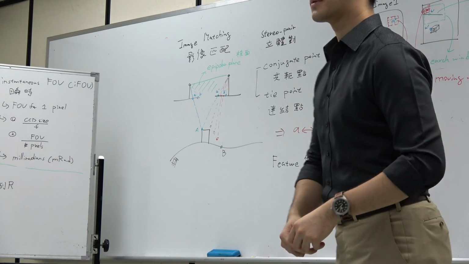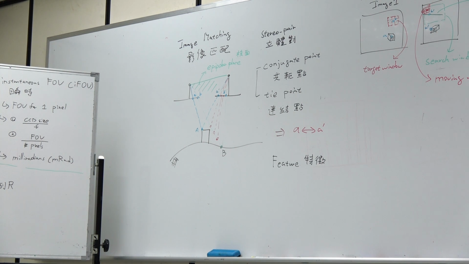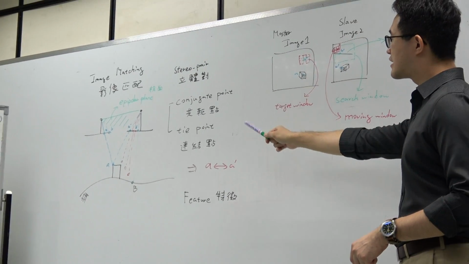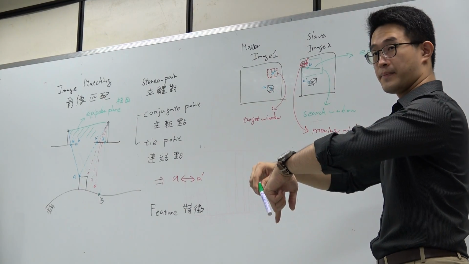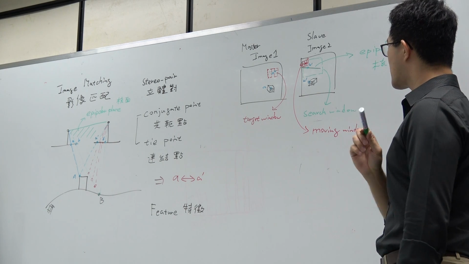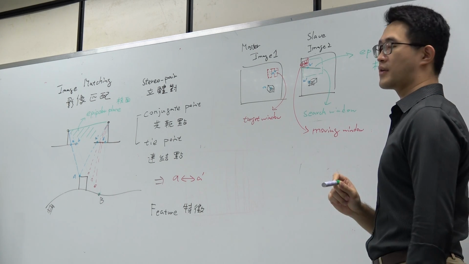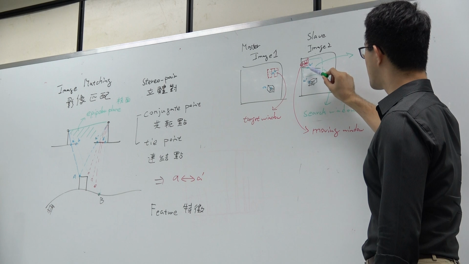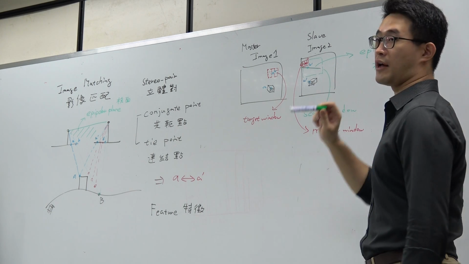So back to the original question, the earlier question that Ray was asking. How can we limit the search region or search area? So what I'm trying to say is that the epipolar line is where we can make sure that these are the pixels that can form the image geometry that the light rays can intersect. So instead of opening a searching window, we can just compare the correlation coefficient on the pixels along this epipolar line.